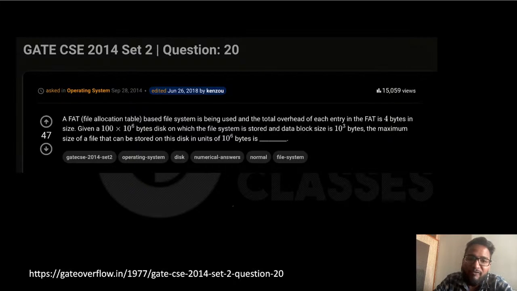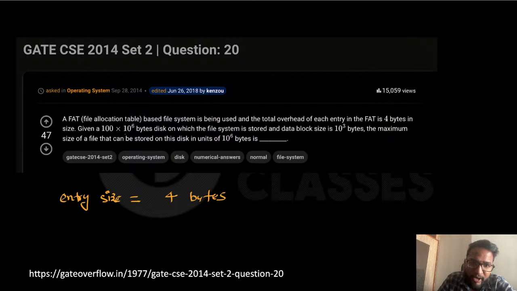What they are saying: a FAT, which is a file allocation table based file system, is being used, and the total overhead of each entry in the FAT is 4 bytes in size. So they are saying the entry size is given to us, 4 bytes.